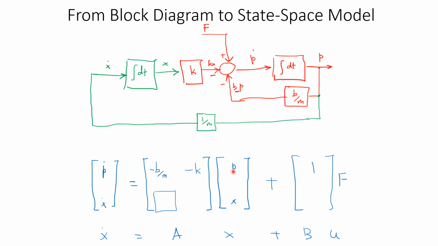So this multiplied with p is going to be written down over here. So that's why it is going to be 1 over m indicated, and that is it. There is nothing corresponding to x, so that is going to remain 0, and there is no input contribution in that, so that's why it is going to be 0. So this is your state space model.